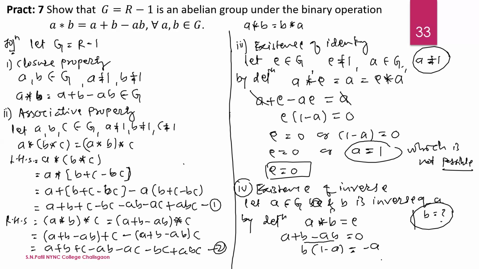Now dividing by 1 minus a, b is equal to minus a over (1 minus a).